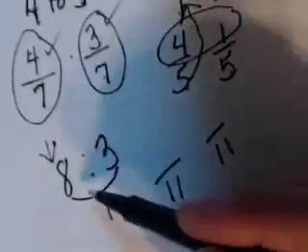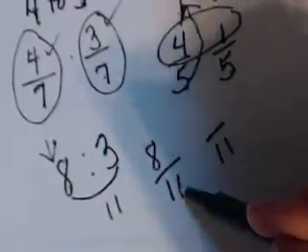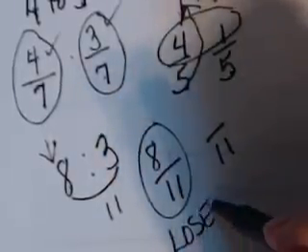So the probability is 8 out of 11 that you lose, and 3 out of 11 that you win. So that's how odds and probability are related to each other.